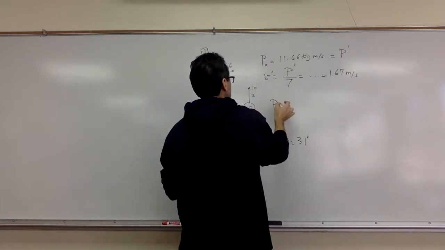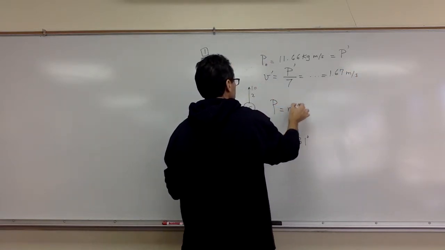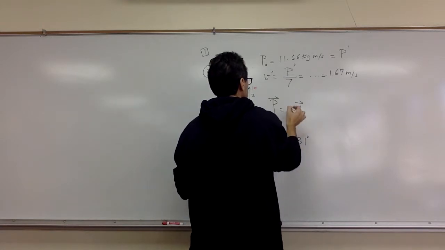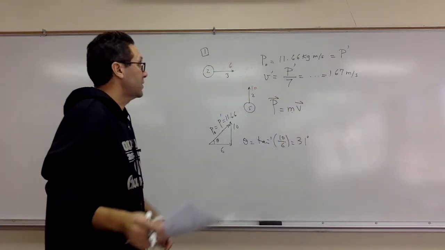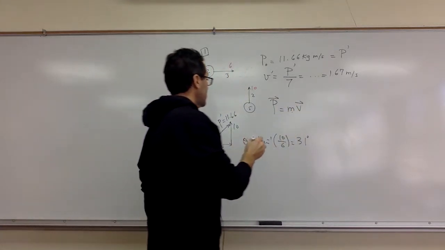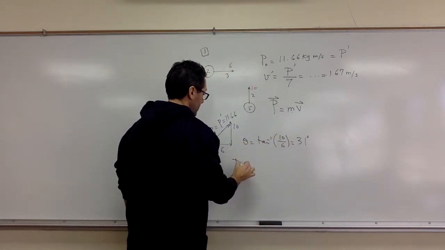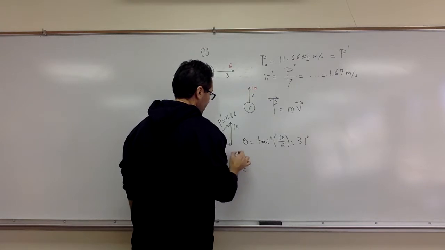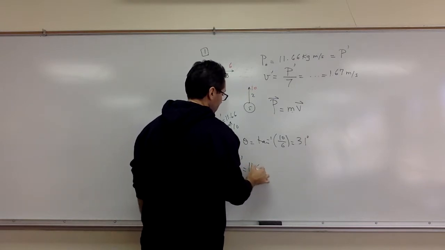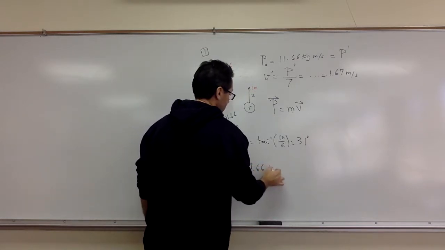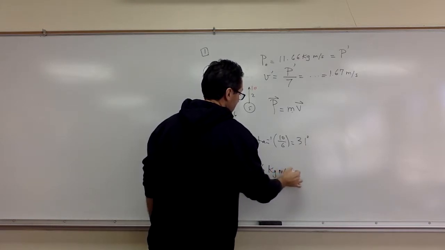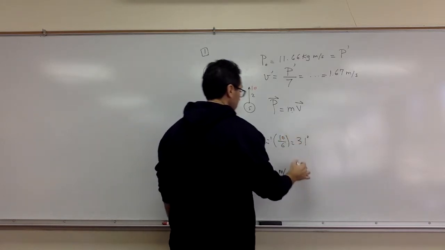Now, keep in mind that P is equal to mv as vectors. Since the mass is positive, P and V will have the same direction. So here, as our final answer, P prime as a vector is 11.66 kilograms meters per second at 31 degrees.